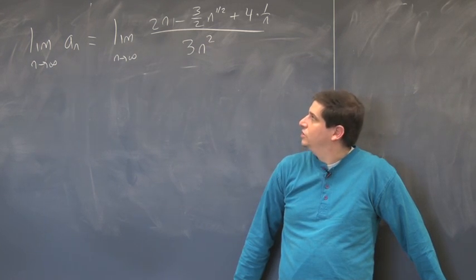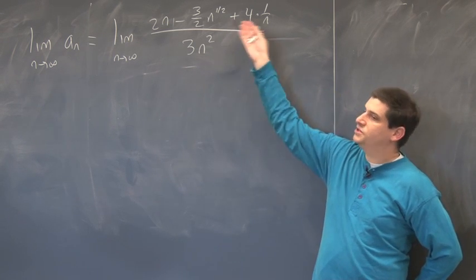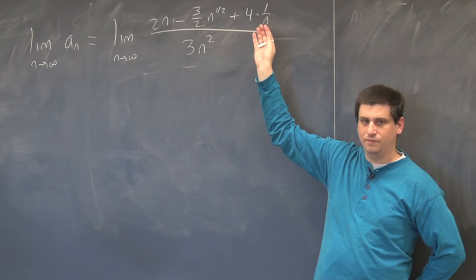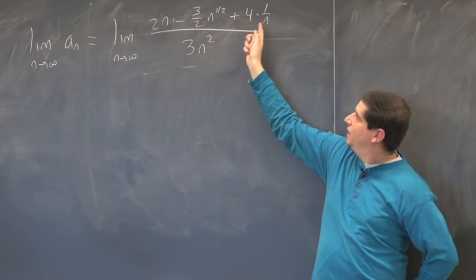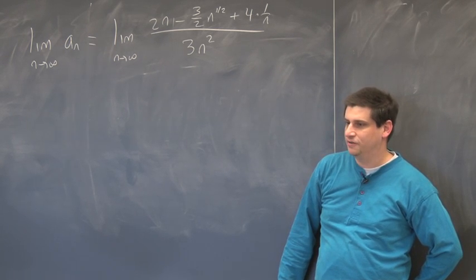So what does this limit look like? What does the top look like? As n goes to infinity, what does the numerator look like? The numerator looks like 0? Why 0? I agree, this term looks like 0, but the whole numerator, what does the whole numerator look like?